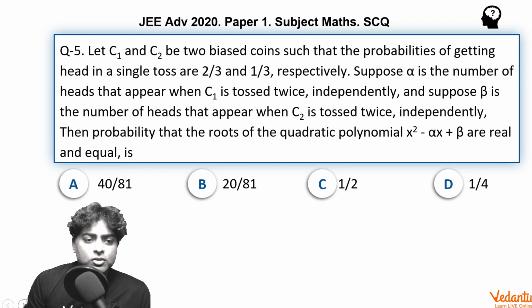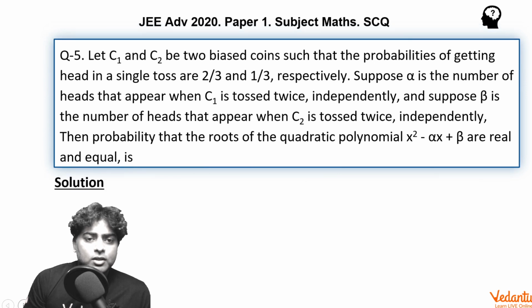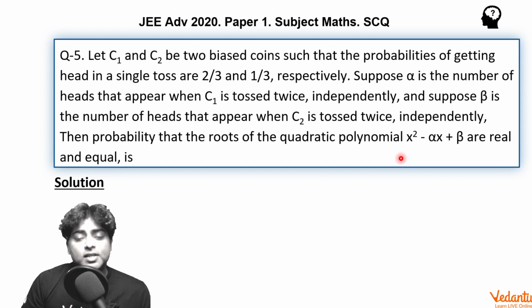Now we can easily see that alpha or beta can be 0 or 1 or 2, because the coins are tossed twice, and alpha and beta represent the number of heads that appear. So alpha can be 0, 1 or 2, and beta can be 0, 1 or 2.